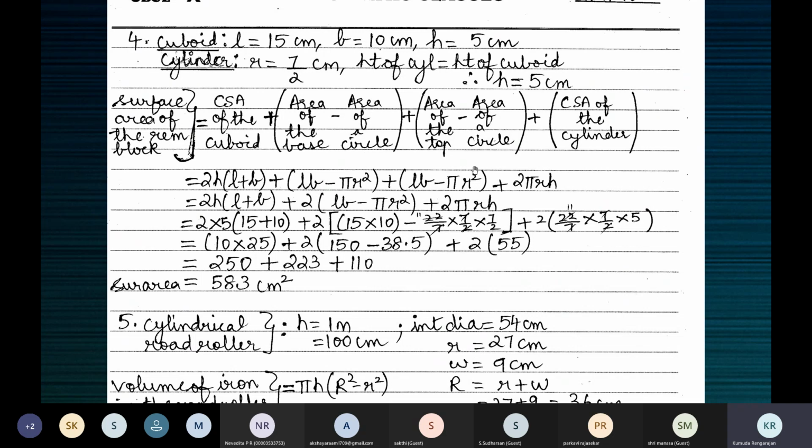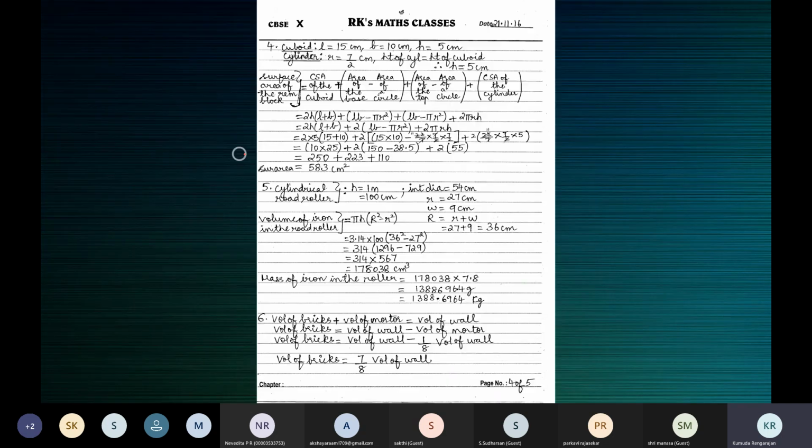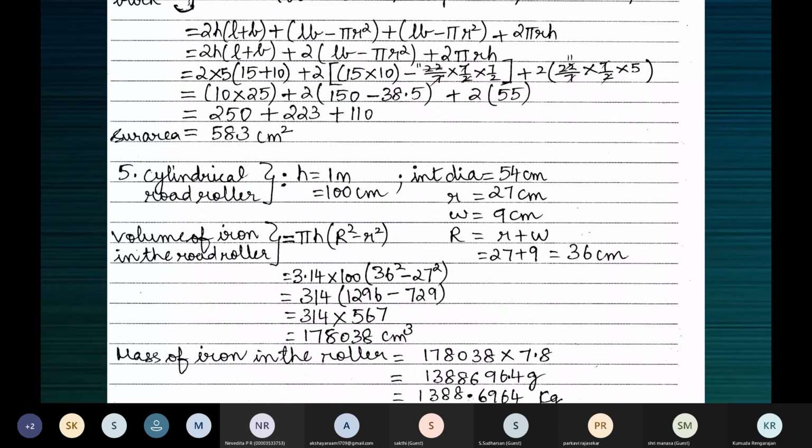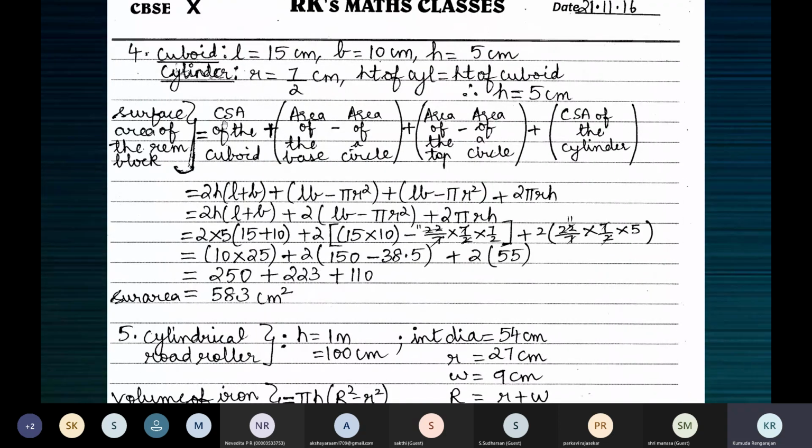The area of the top minus area of one circle. What you just understood is also right. This is more elaborate. The CSA of the cuboid is fully available to be painted, the four walls. Then base minus area of one circle, top minus area of one circle, plus the CSA of the cylinder.